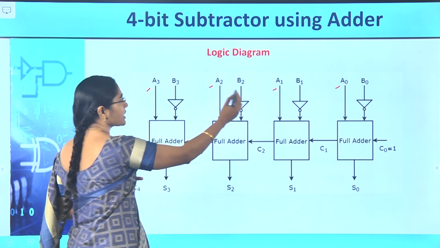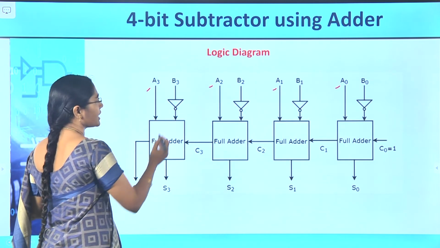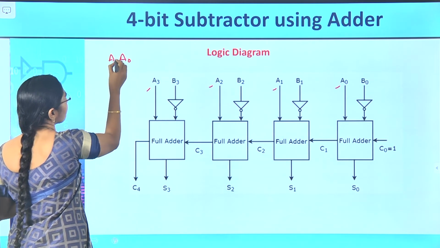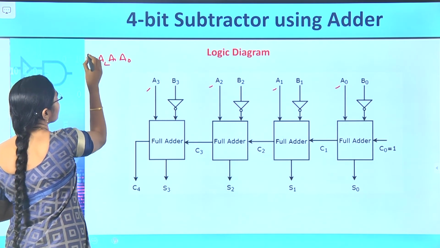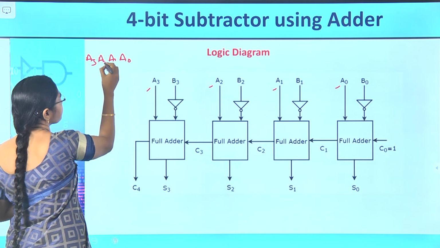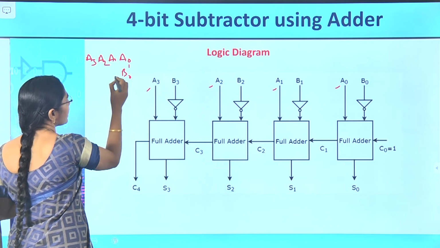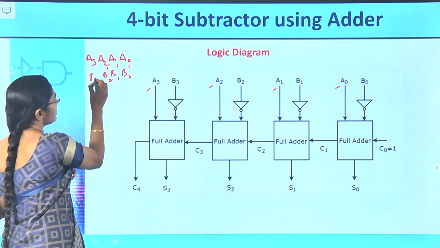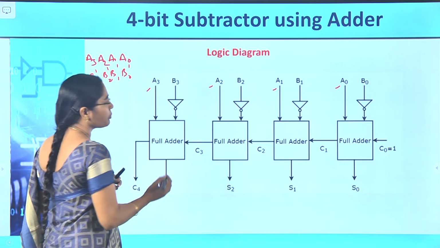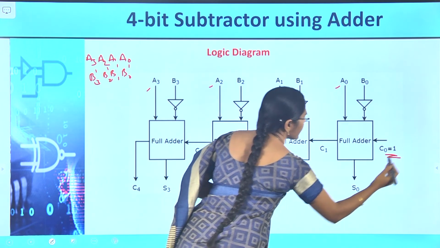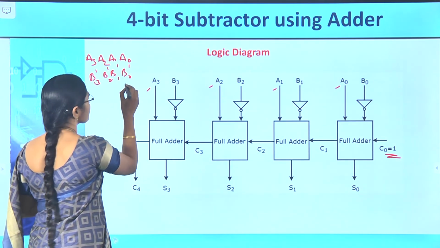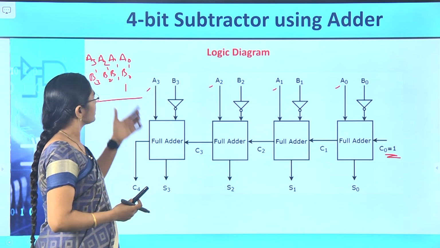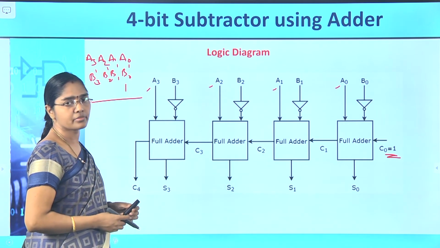So A is applied directly and B is applied through inverters. That means A0, A1, A2, A3 are applied directly, then B0 bar, B1 bar, B2 bar and B3 bar are applied, plus Cin is applied as logic 1, that means plus 1. Like this the subtraction operation is performed.